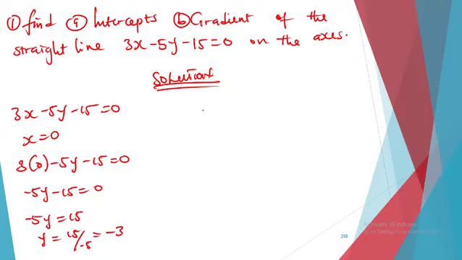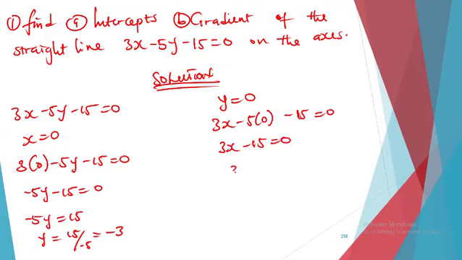To find the intercept on the x-axis, we substitute y to be 0, and that gives 3x minus 5 into 0 minus 15 equals 0. So 3x minus 15 equals 0, 3x equals 15, and x equals 15 divided by 3, which gives positive 5.